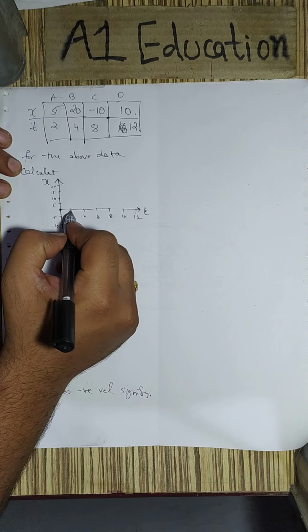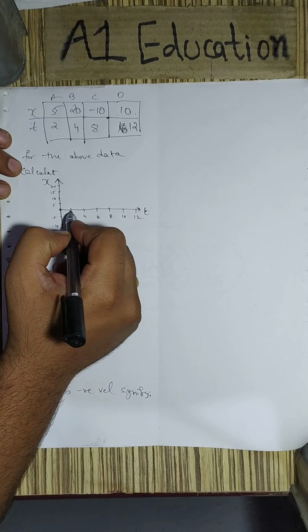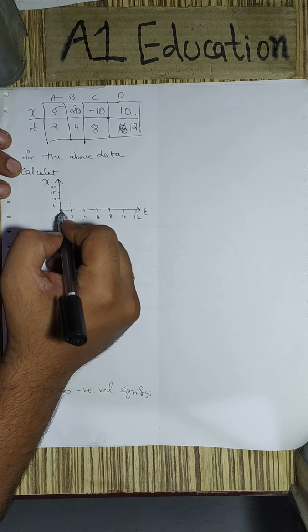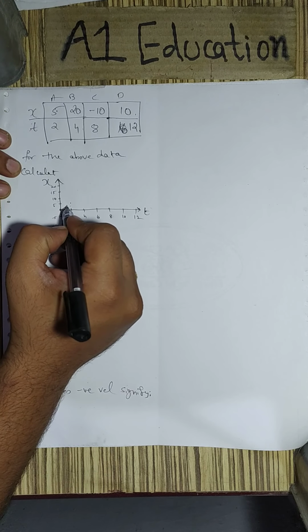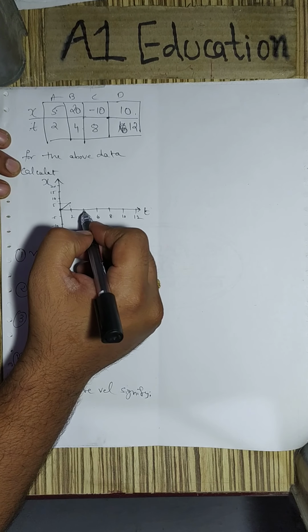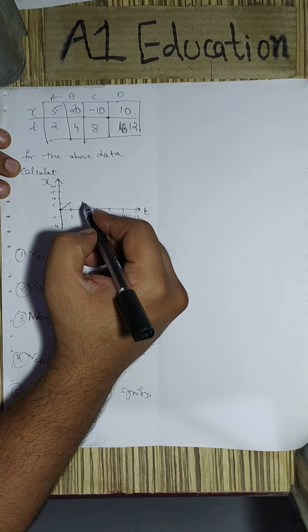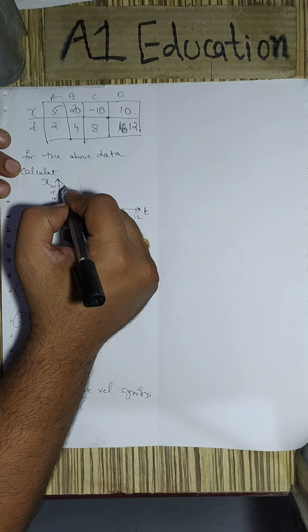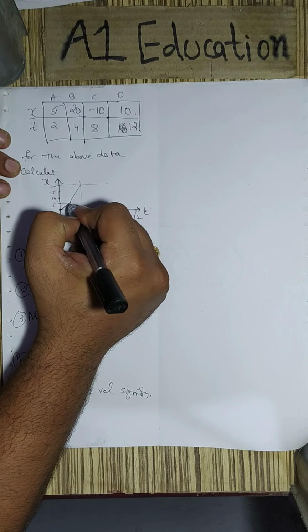So at 2 seconds it is at the position 5. At 0, let us say it is at 0, in 2 seconds it is at the position 5. Now at the 4th second it is at 20. So at the 4th second it is going to 20.